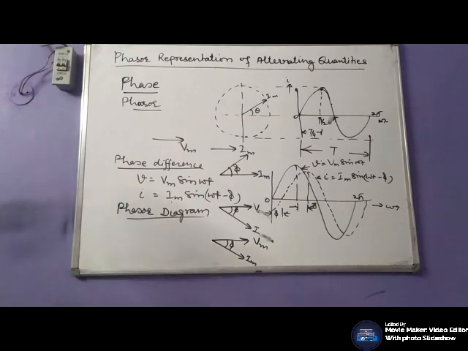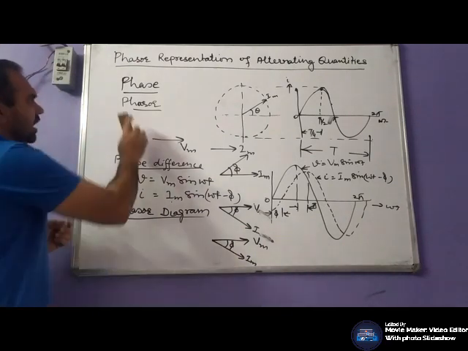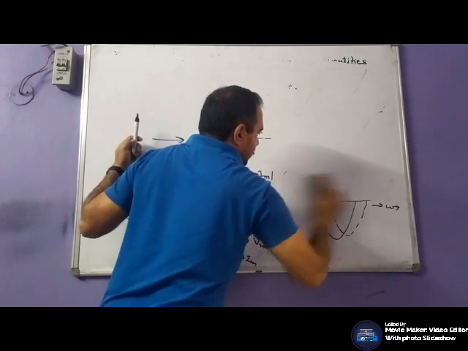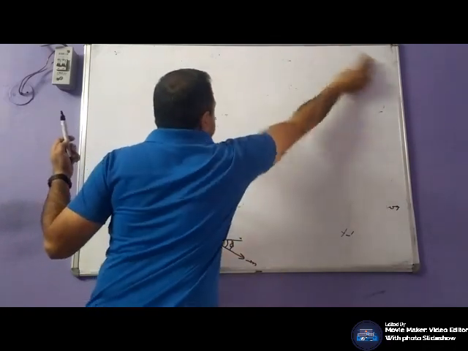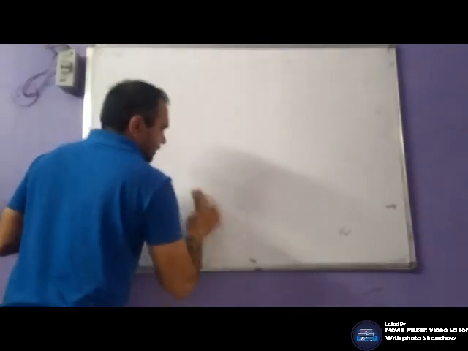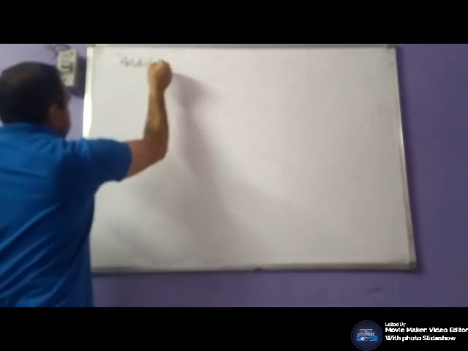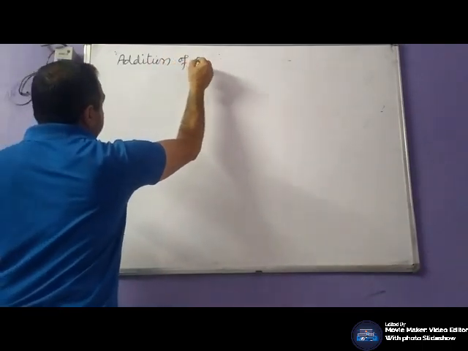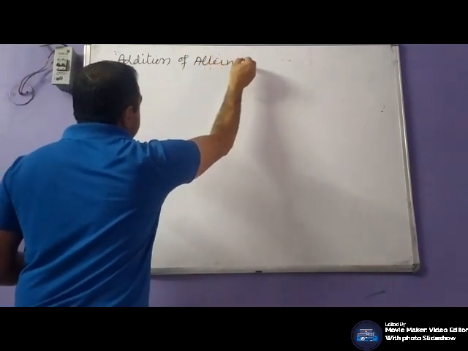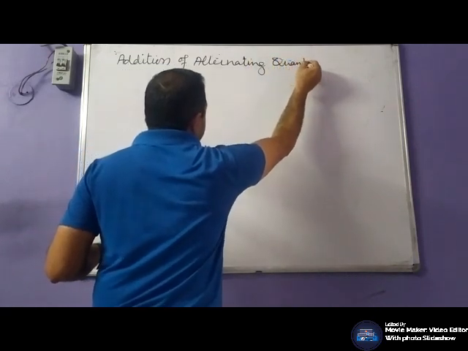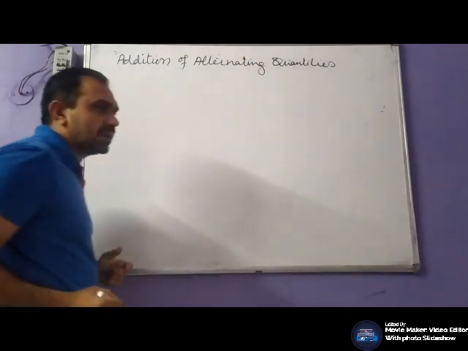Now, for example, we want to add two alternating quantities. Addition of alternating quantities. We have two alternating quantities.